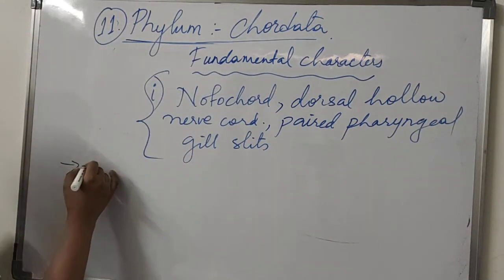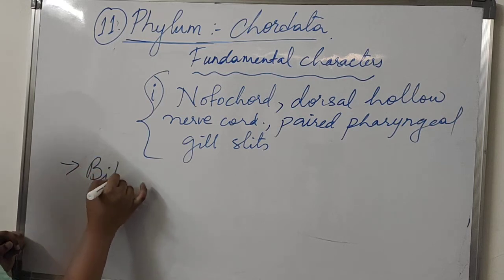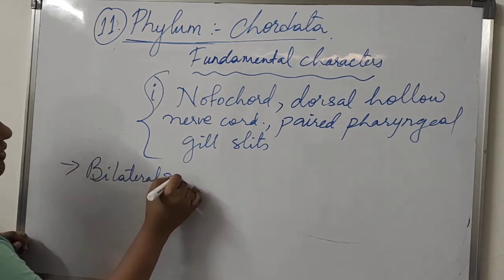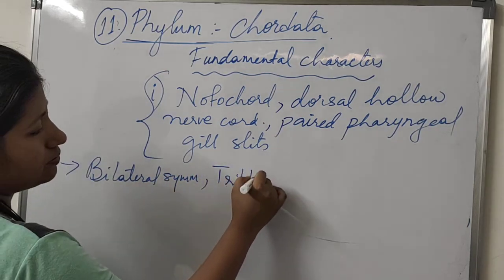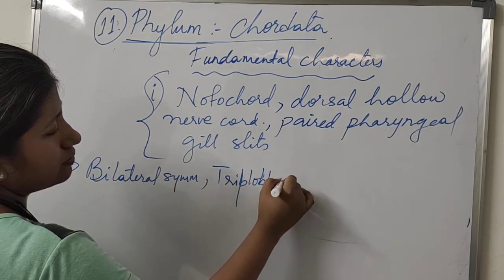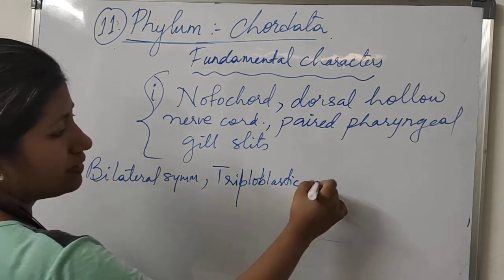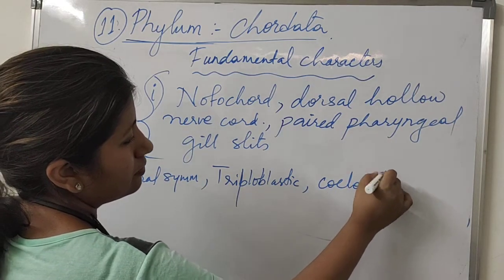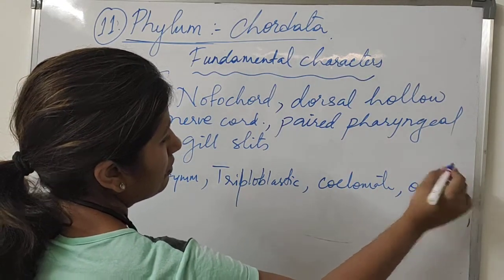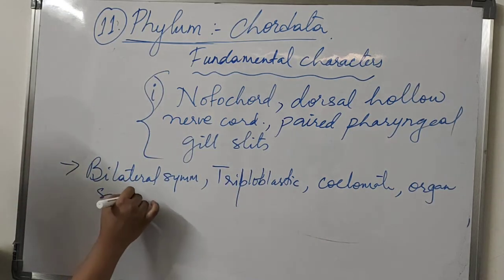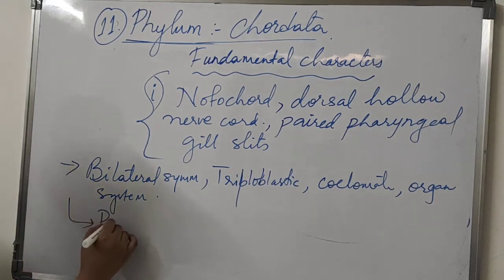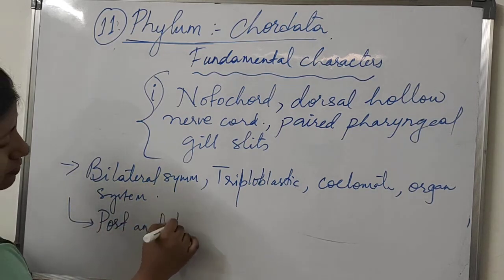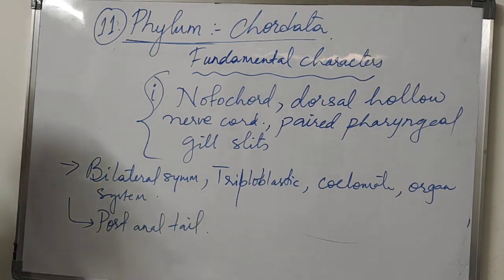Now the other characters of chordata: they are bilaterally symmetrical, triploblastic, coelomate, and obviously it will be organ system level of organization. And they have a post-anal tail.